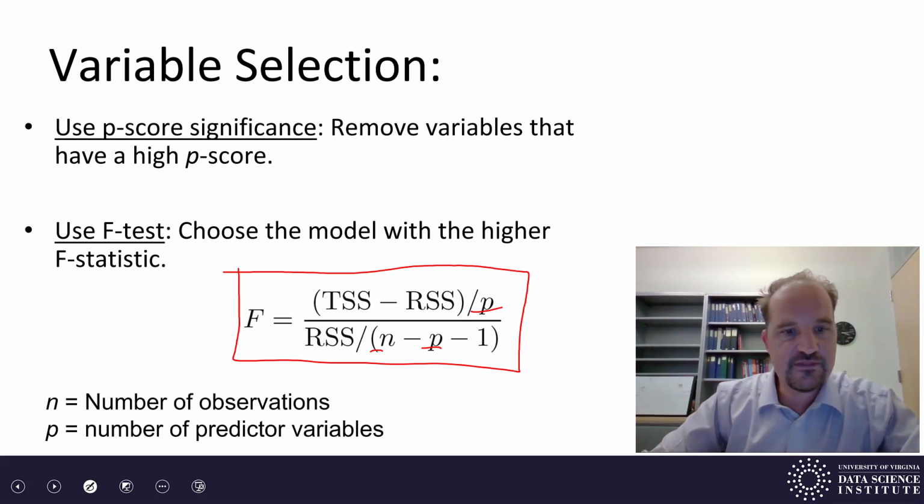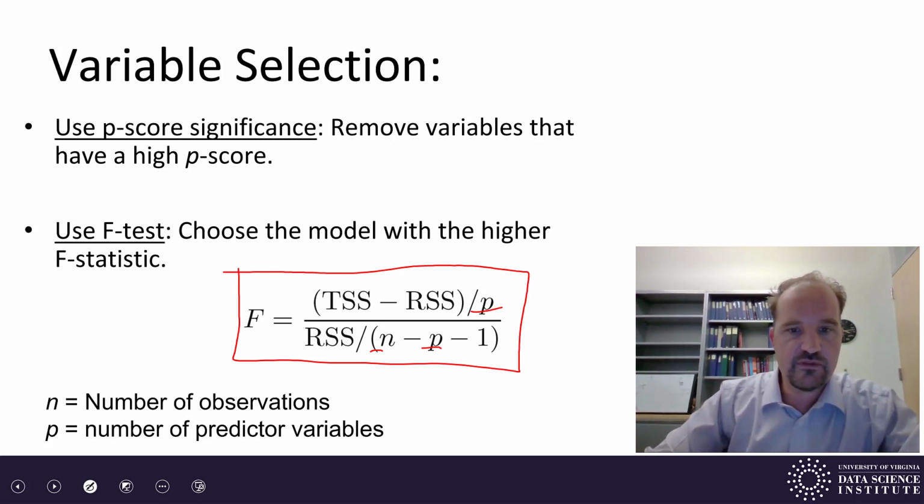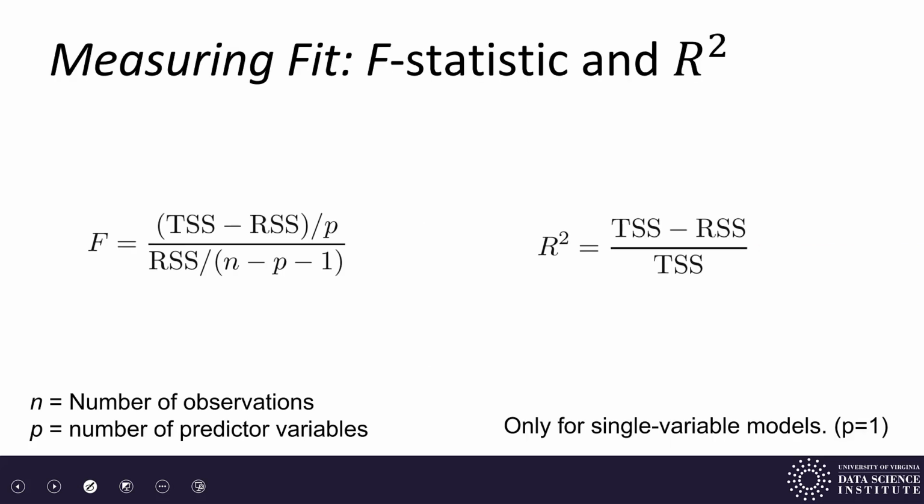Let's take a look at this F-test and think about what these terms mean. We're going to do that by comparing it with the R-squared term. Remember, R-squared tells us goodness of fit for a single variable linear regression. The F-statistic gives us a goodness of fit measurement for multivariate linear regression. So let's think about what these different terms mean.